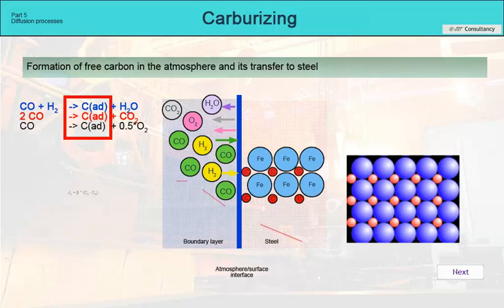The amount of carbon transferred to the steel is tied to the carbon transfer coefficient beta, according to the formula shown, and to the potential gradient between the atmosphere and the surface.